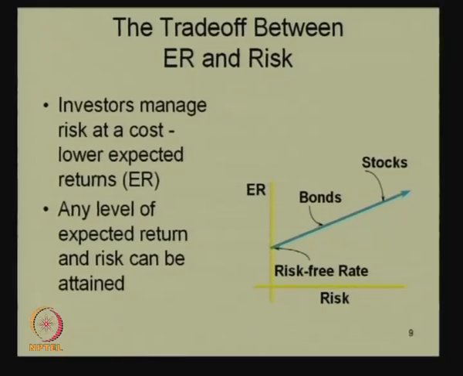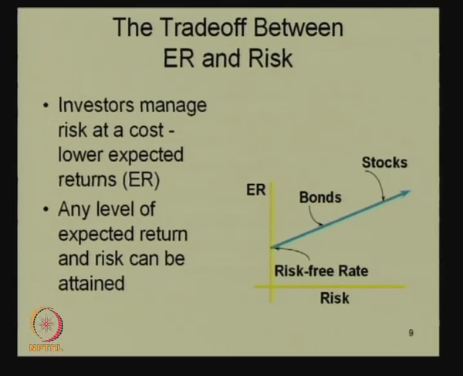So, then if you see certain things, how is this trade off between expected return and risk made? Here what generally do investors do? The investors manage risk at the cost of lower expected return. Any level of expected return and risk can be attained.